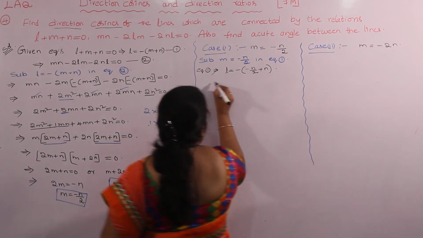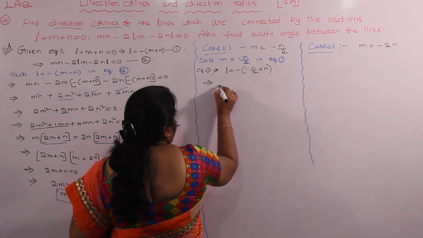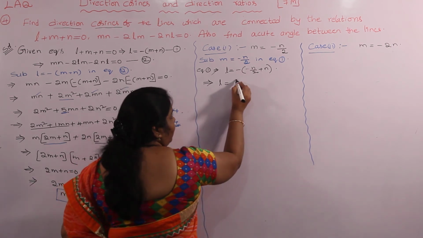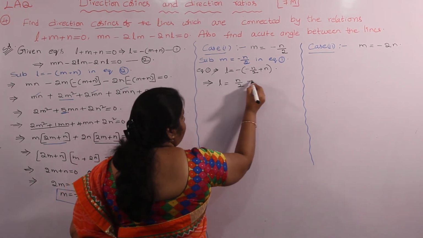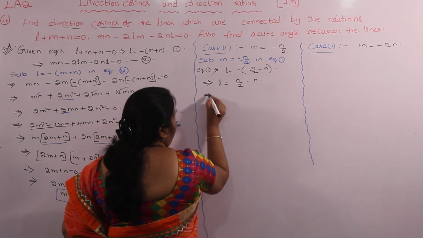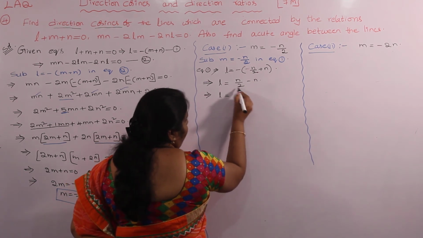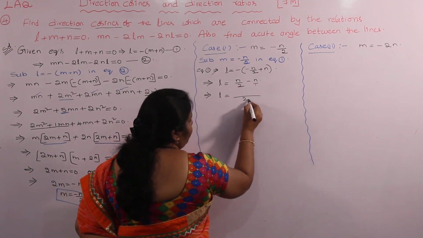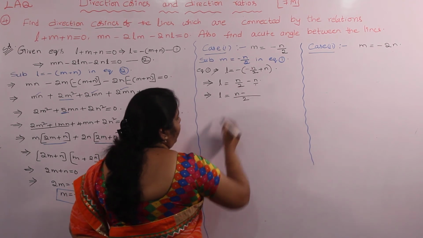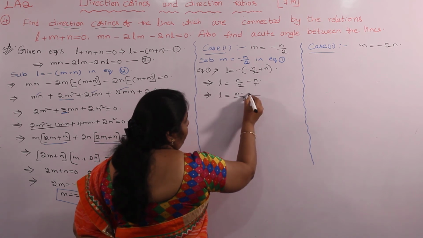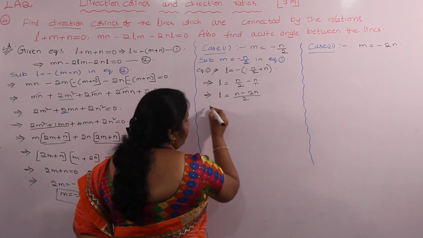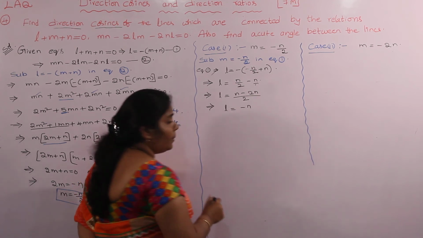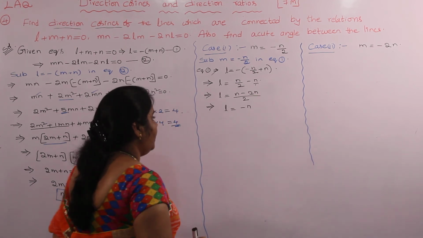Now L is equal to, this minus is taken inside, minus of minus, plus n by 2 minus n. Now take the LCM, that is L is equal to LCM of 1 comma 2 is 2 only. n minus 1 2s are 2, that is 2n. n minus 2n is minus n, so minus n by 2.